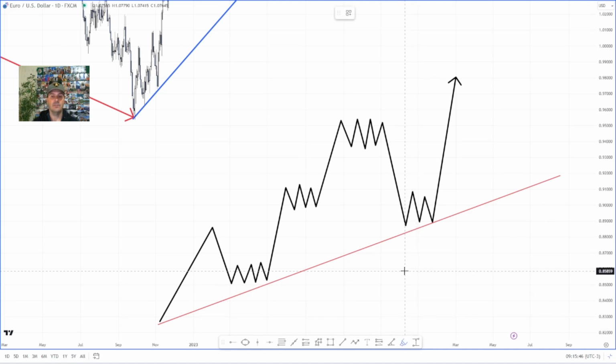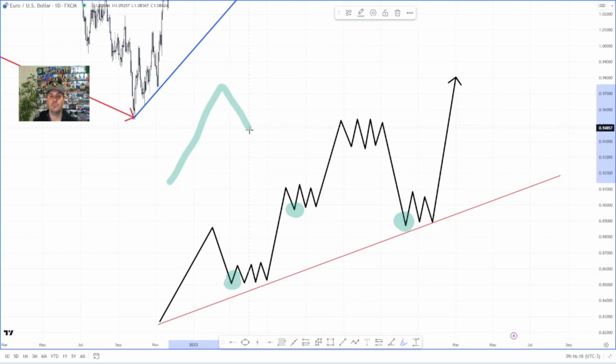So, do we agree that this consolidation is lower than this consolidation? Do we agree that this low of consolidation is lower than this low? Do we agree on that? Yes, all right, very good. And do we agree that maybe this low is lower compared to this low? So to be in an uptrend, the market must make what? Higher highs, higher lows, right?